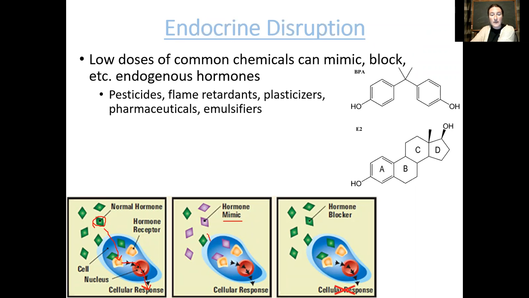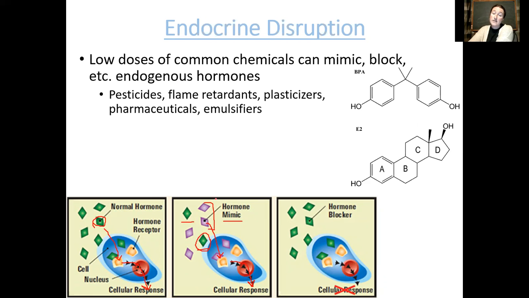So even when our own bodies are releasing just a little bit of LH or FSH, and this is applicable to males and females, these chemicals can bind to the same receptors and induce the same response that our normal hormone does. So maybe our body only wants this much of a response, but these extra mimics are producing a much stronger response than our body would need at that time.